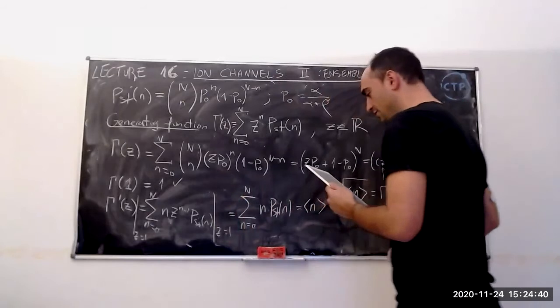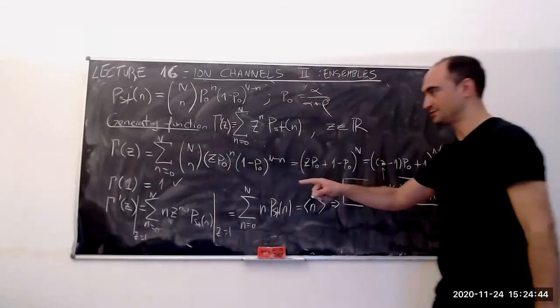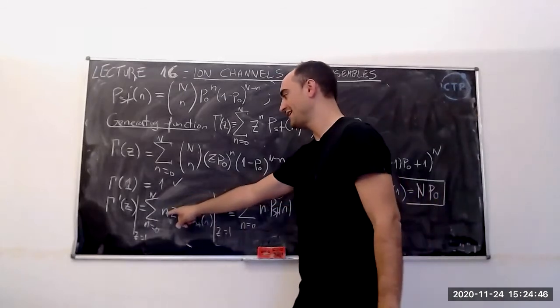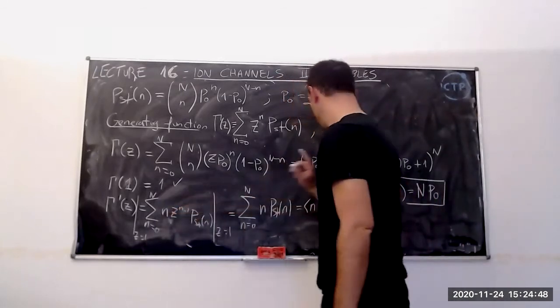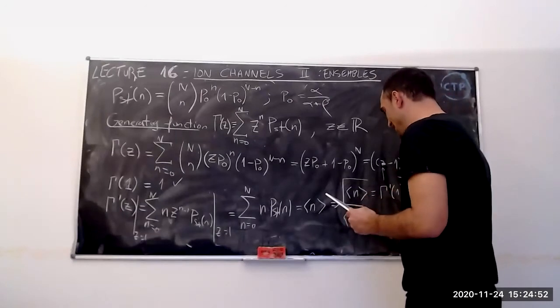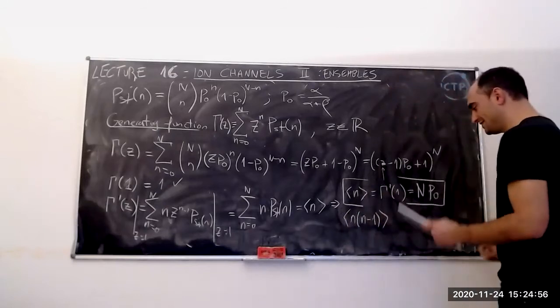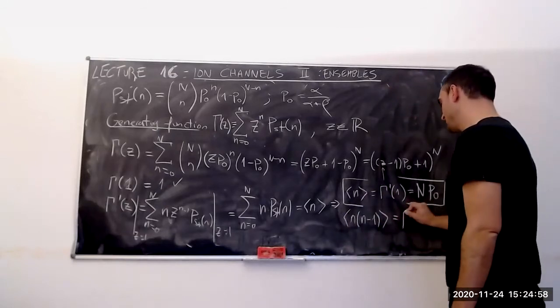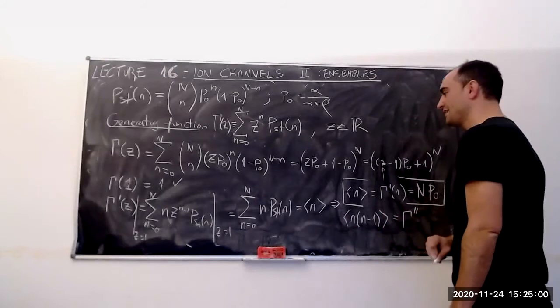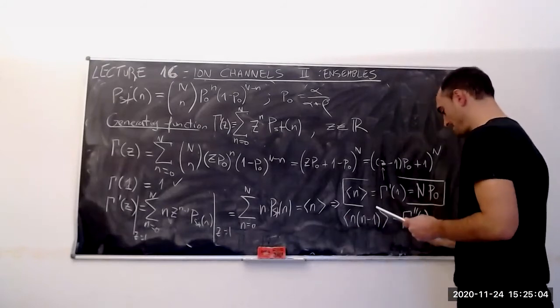And one can go further and show that if you take two derivatives with respect to z, there will be n, and there will be also n minus 1. So one can show that n times n minus 1, the average of this quantity, is the second derivative evaluated at 0, not at 1.